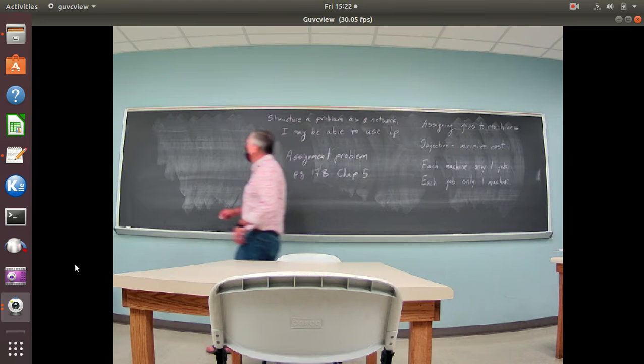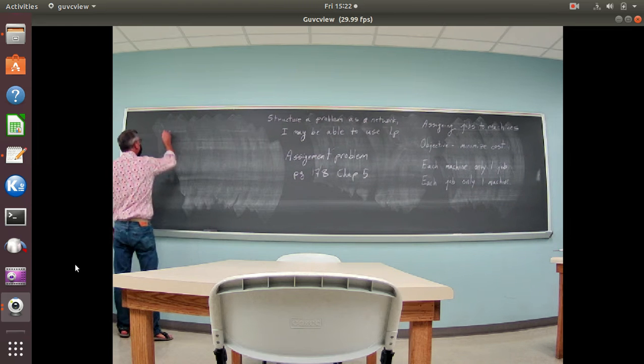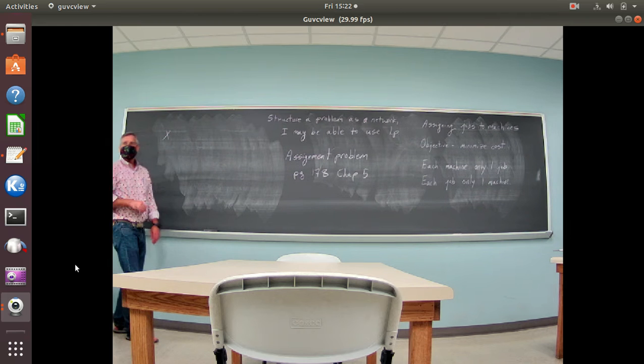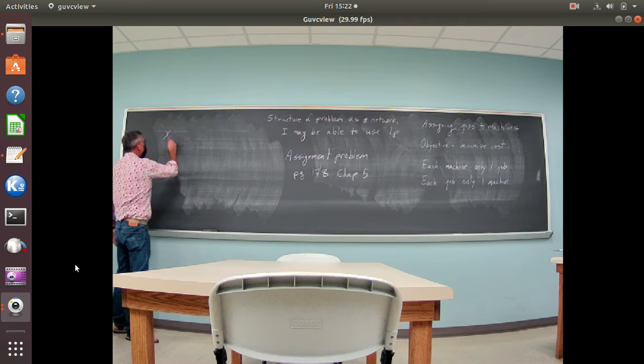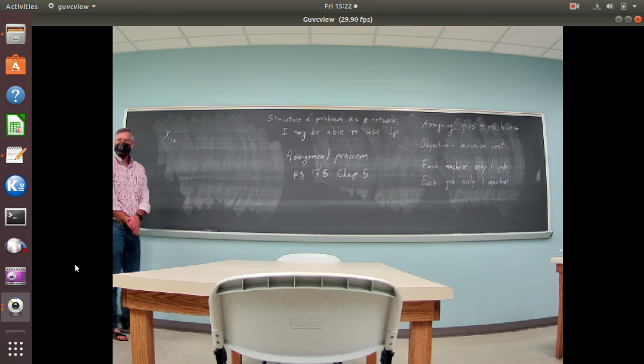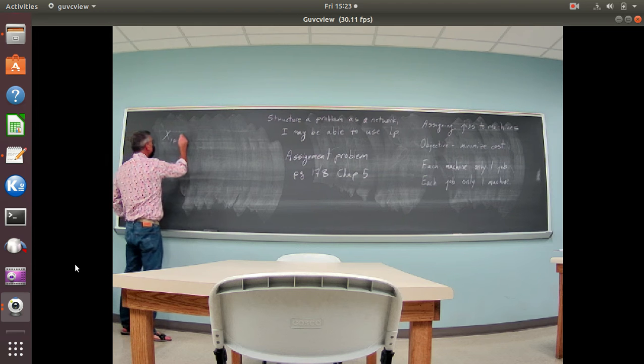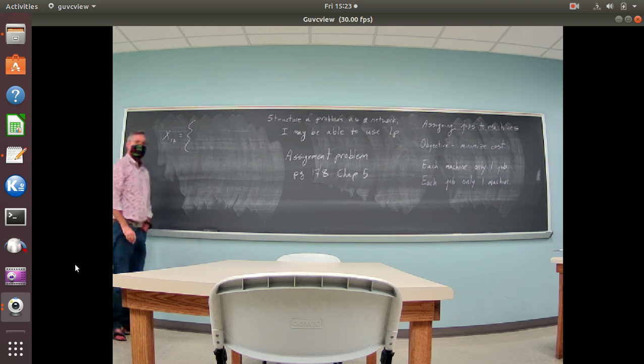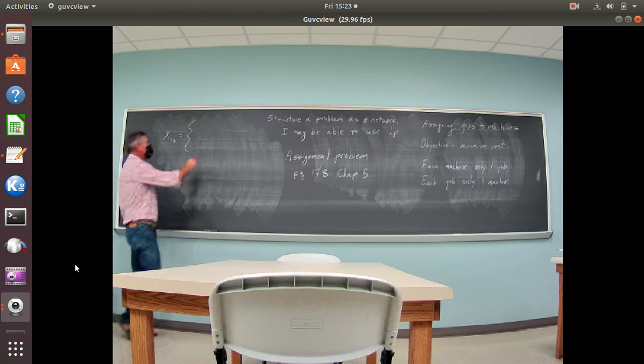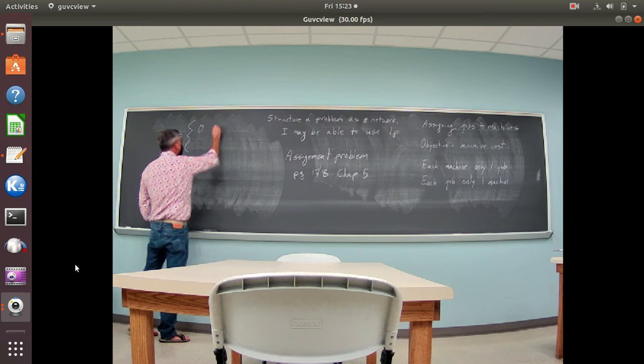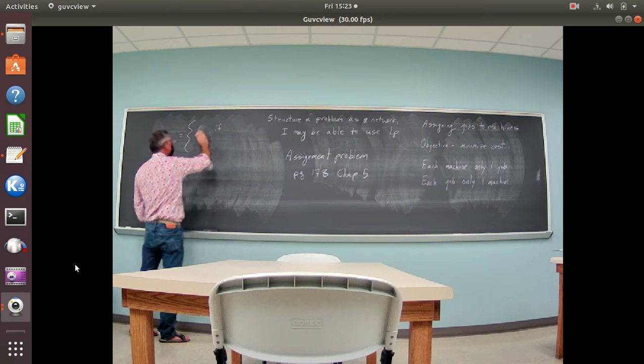I said, okay, I've got a variable x, and I'm going to put two subscripts on it, like 1 and a. And the idea here is this is going to equal, well, actually, let's go 1.